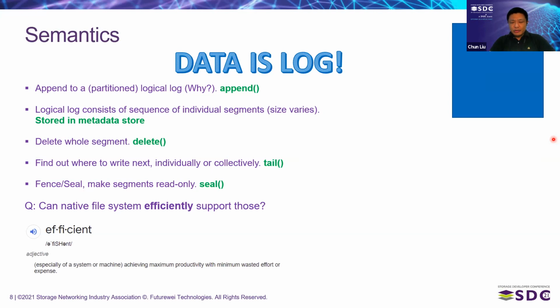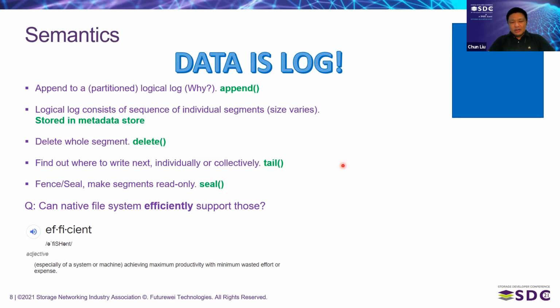Common trait number two, all implementations are split into smaller pieces. You can call it segment, you can call it SST, you can call it ledger. Each smaller piece, once closed or sealed in Delos, is immutable. This helps the consistency as well as the takeover. Number three, when we delete, each segment is deleted as a whole.